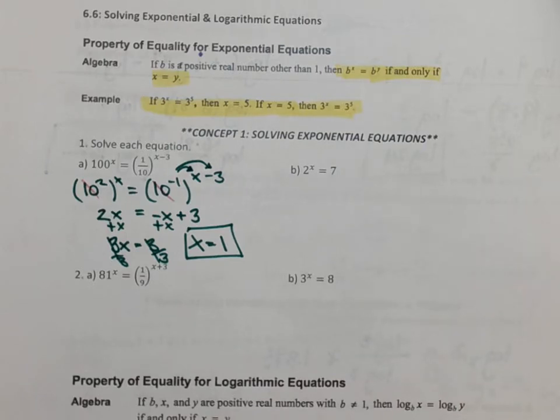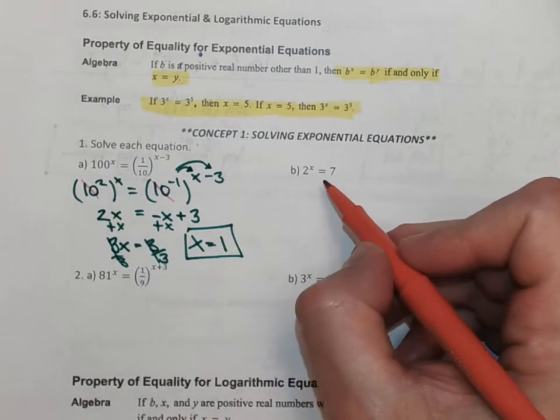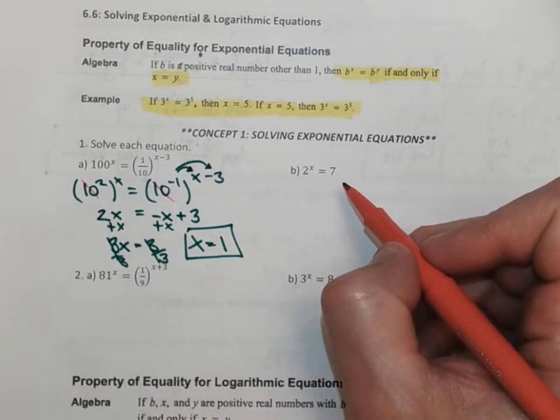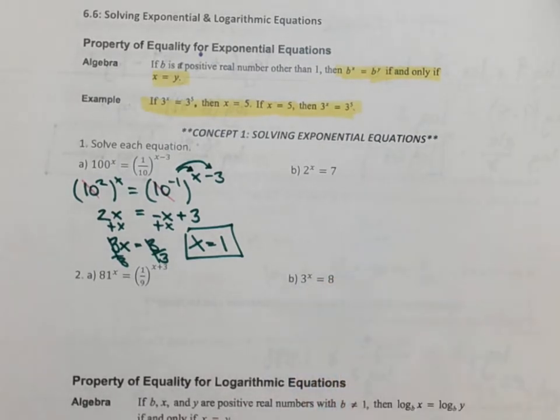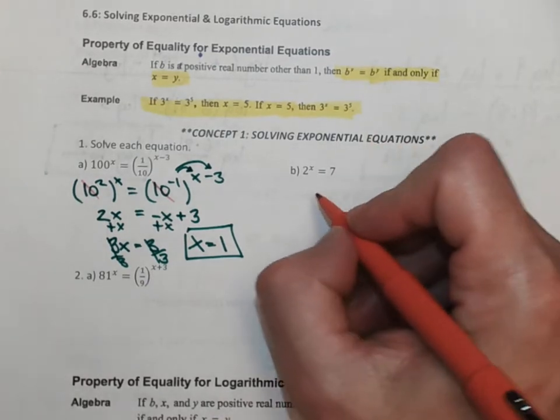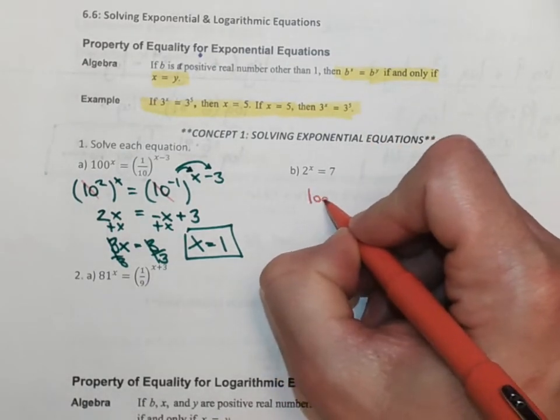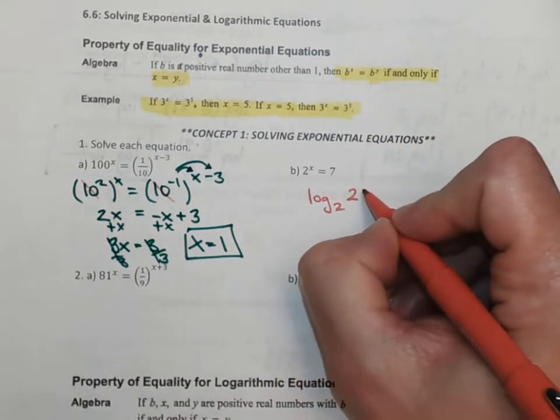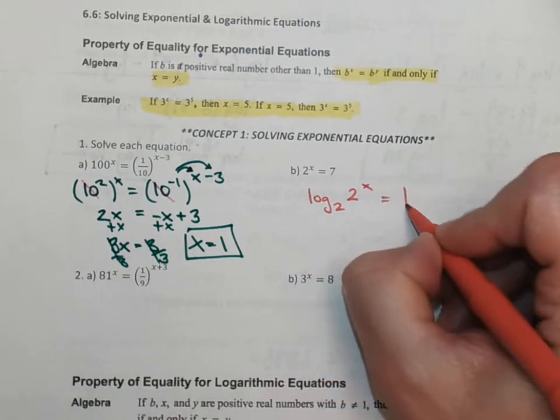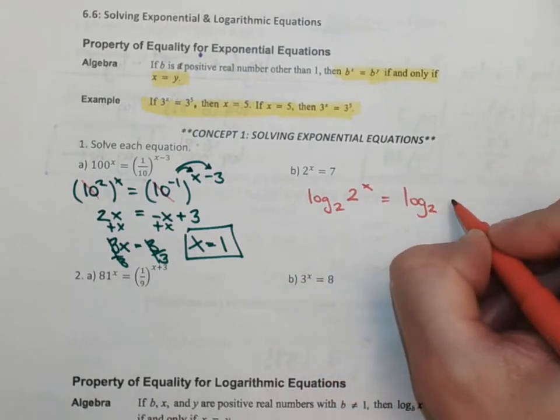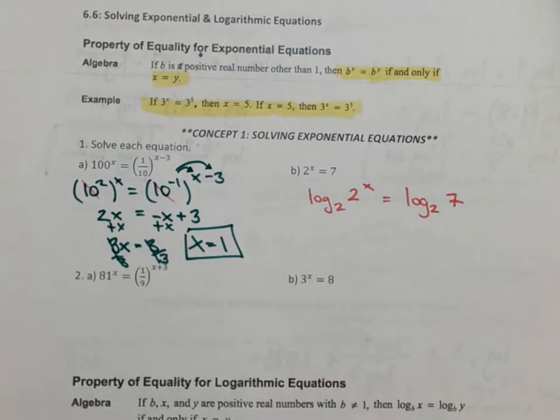Alright, B. 2 to the power of x equals 7. The way I'm going to go about this is a tad different. I'm going to take log base 2 of both sides: log base 2 of 2 to the power of x equals log base 2 of 7.